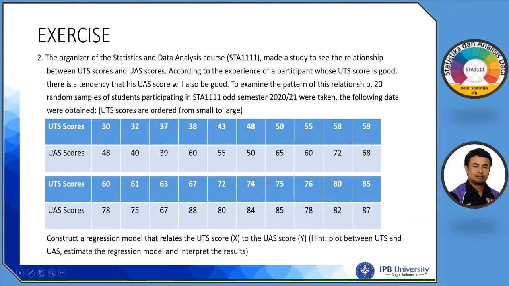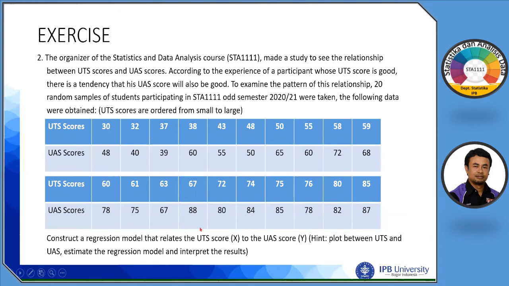But here, if you see, it is already ordered. So one student got a midterm exam score of 80 and a final exam score of 82 and so on. So you can try to construct a regression model that relates the midterm exam score and the final exam score.